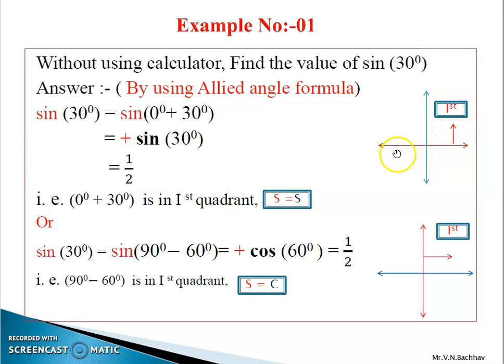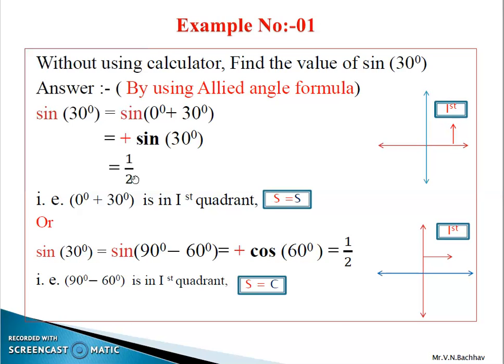That means sine is replaced by sine, so in first quadrant sine is positive and sine is replaced by sine. We get sine theta, that means sine 30 degree, and we know that the value of sine 30 is 1 by 2.